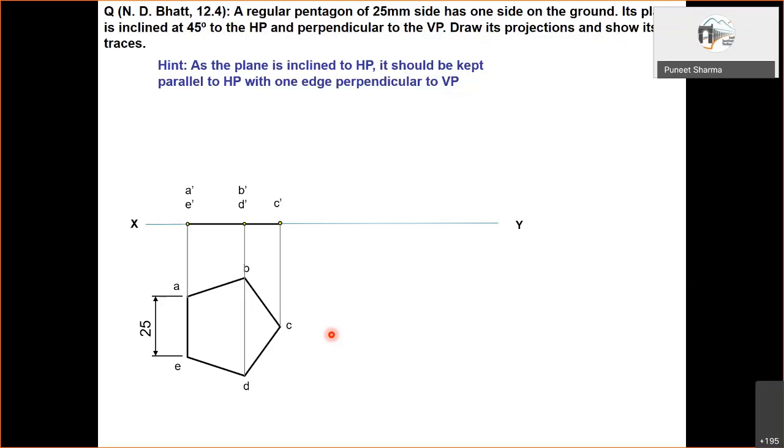Second thing is, when I incorporate this change in orientation, this point of the front view I keep at the same location. I don't change the position of this point. And then the rest of the front view, which is a line, is rotated.